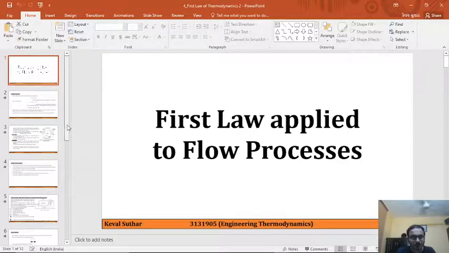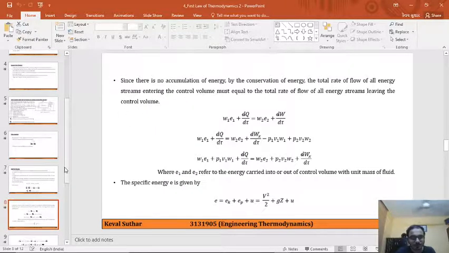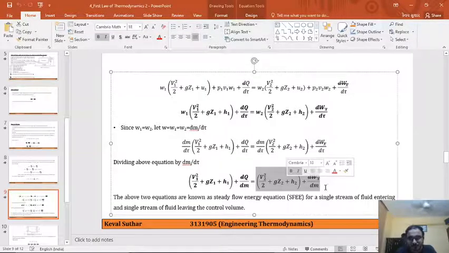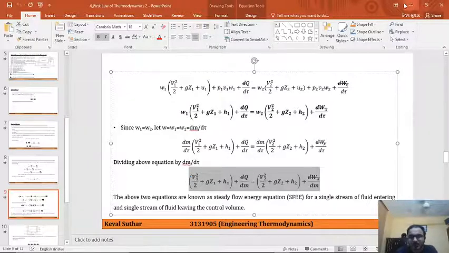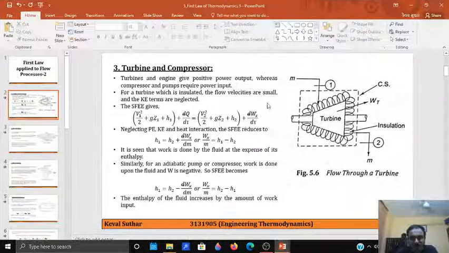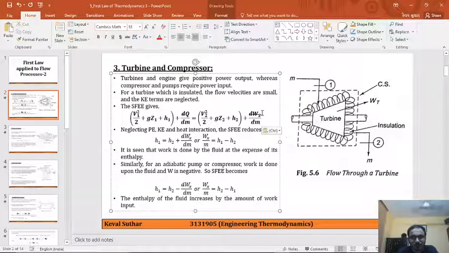So here in our steady flow energy equation, we are going to utilize this formula, that is per unit mass. So here we can come back to this case in which we will be putting this formula.